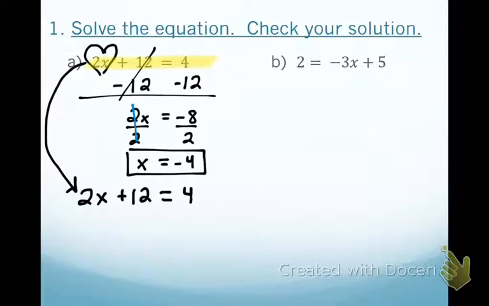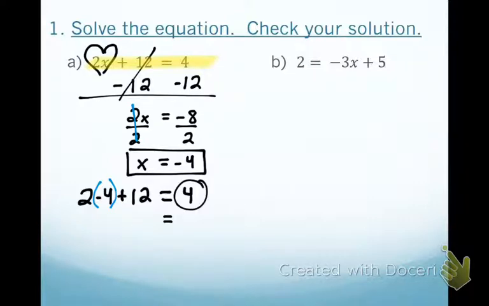Alexis, what is x? Okay, so should I just erase this and just stick -4 there? Alexis, what should I do? I've got to put parentheses there because that helps me to know and understand that I am multiplying by something there. Now, let's go ahead and drop down our equal sign.